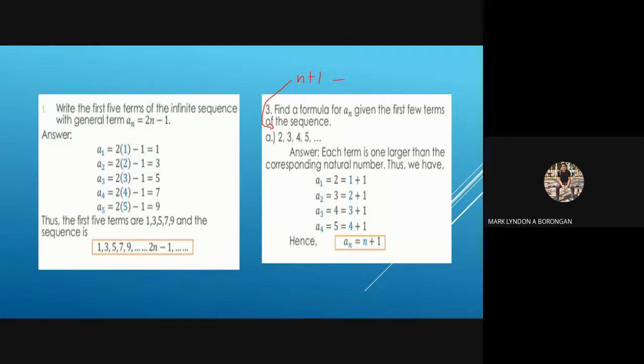If you have 1, 1 plus 1 gives you 2. The second term is 2 plus 1, you'll get 3. That's all. This sequence represents a number plus 1, and that number is n plus 1. So we'll come up with a formula which is a sub n is equal to n plus 1. Okay?